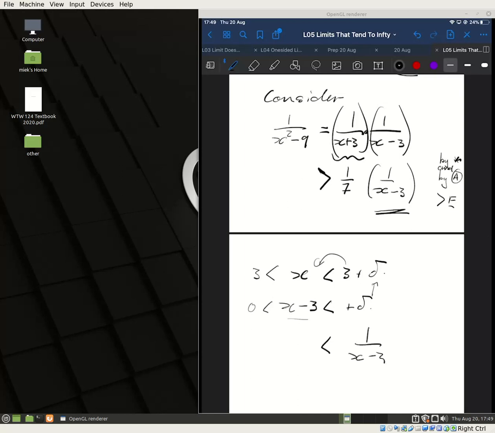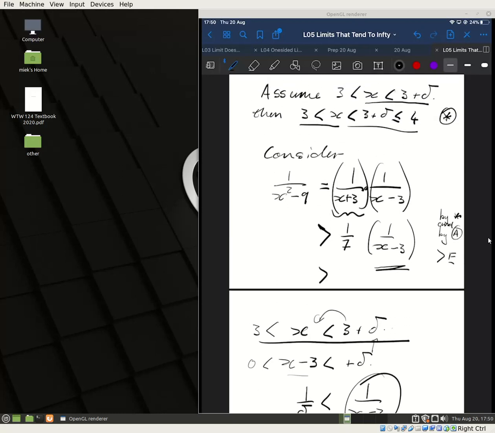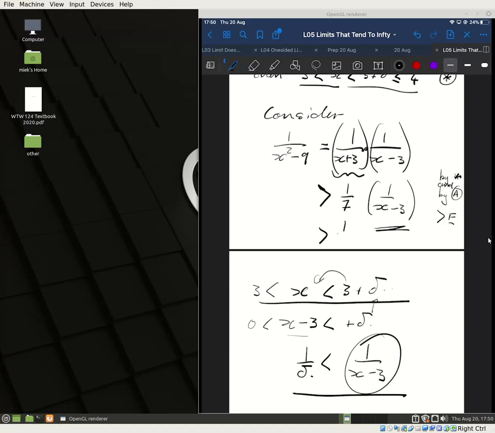We get that under this assumption, 1 over x minus 3 is greater than 1 over delta.